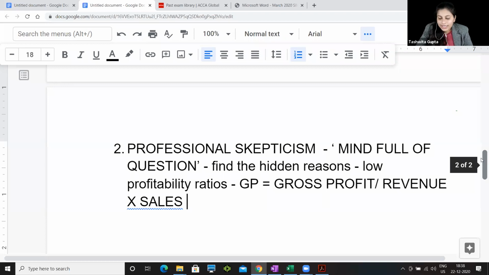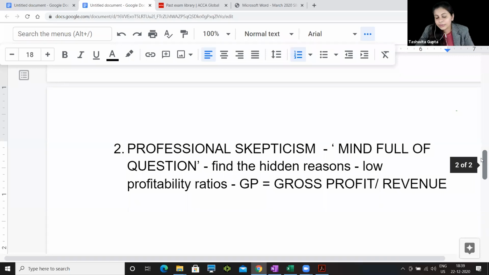Now, if I have this analysis with me that my GP ratio fell from the previous year to the current year, and it has been a falling trend for 5 years, and I state a very obvious reason: because my revenue fell, that's why my gross profit fell.